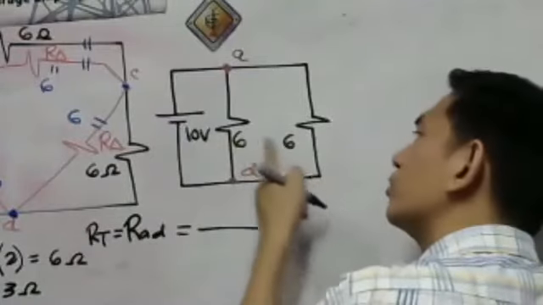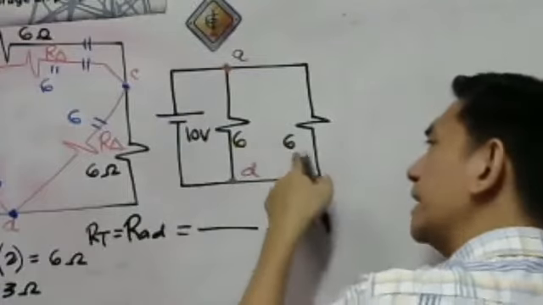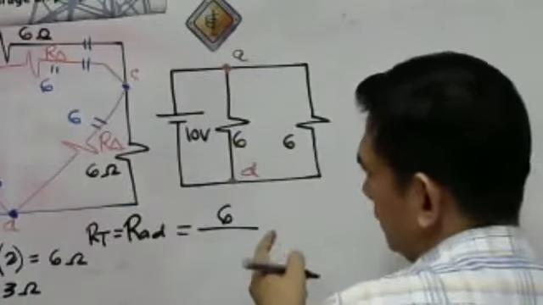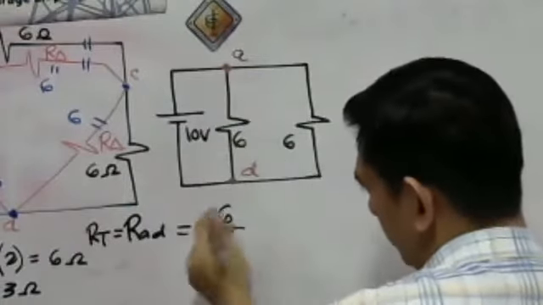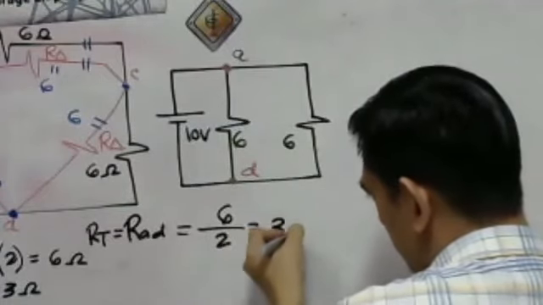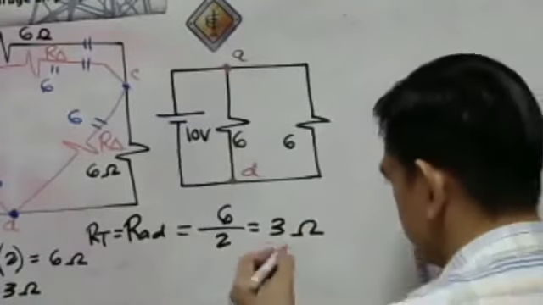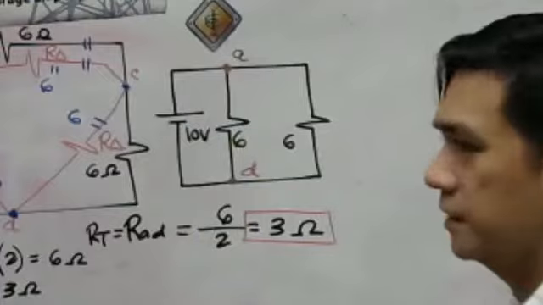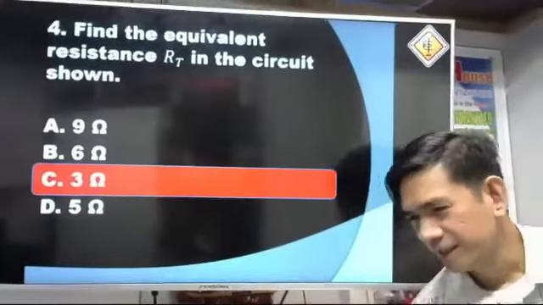These are 2 identical resistors in parallel, which is equal to the branch resistance, 6, divided by the number of branches, 2. So that is 6 over 2, and the answer will be 3 ohms. That will be letter C. Very easy.